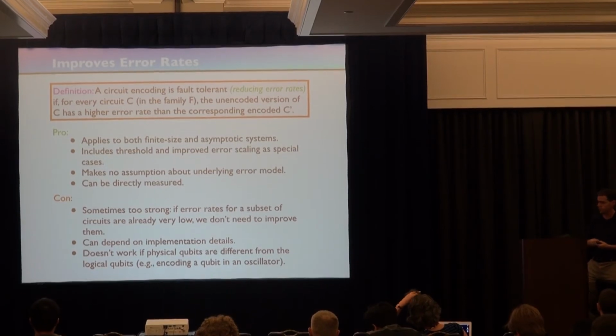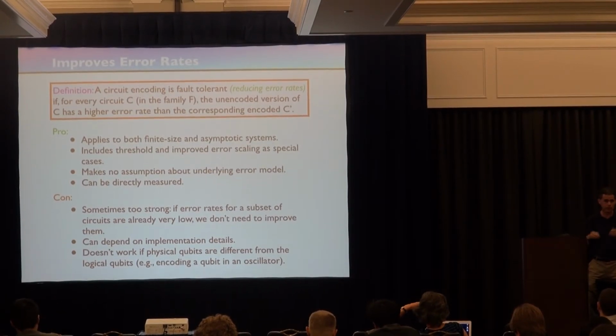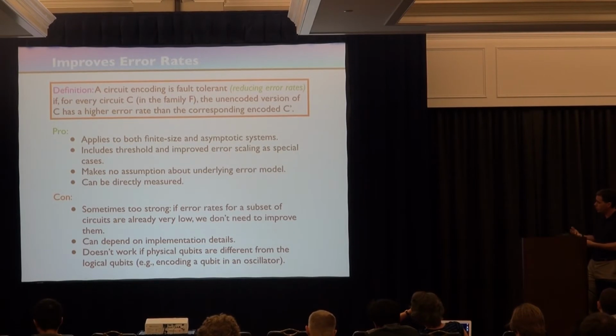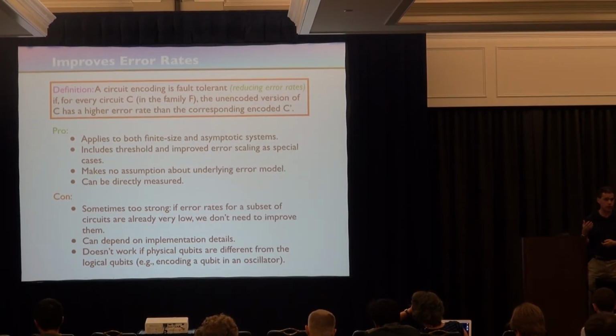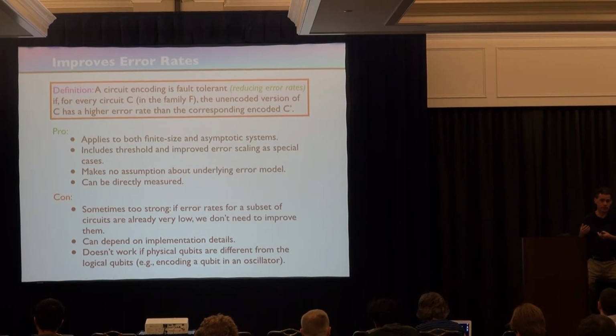So for instance, if you're doing an encoding of a qubit in an oscillator, then the physical qubit is a harmonic oscillator and will have one sort of error. And the logical qubit is an actual qubit and it will have a totally different sort of error. And it doesn't really make sense to compare the error rates between these systems. In fact, the circuits that you can implement on oscillators are going to be different in a formal sense from the ones you can implement on qubits.